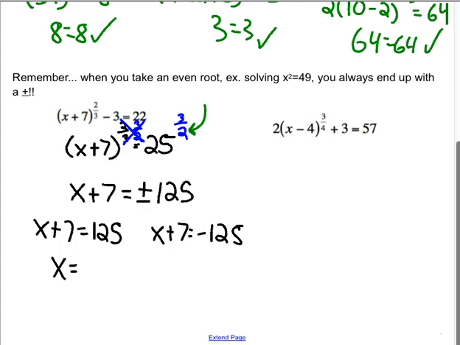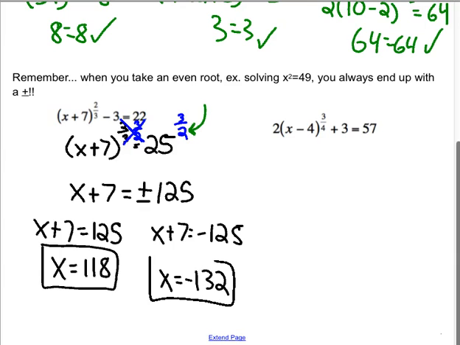So here x equals 118 and x equals negative 132. So it is very important to remember that plus and minus. And again, it only happens when you're dealing with positive things in there.